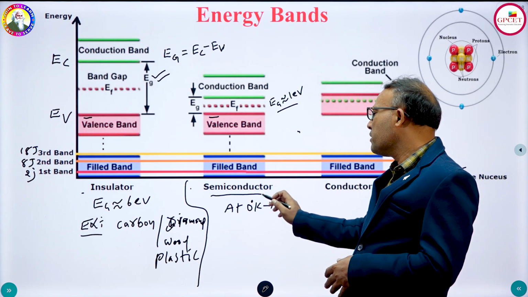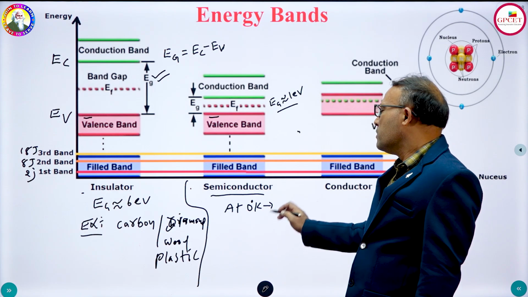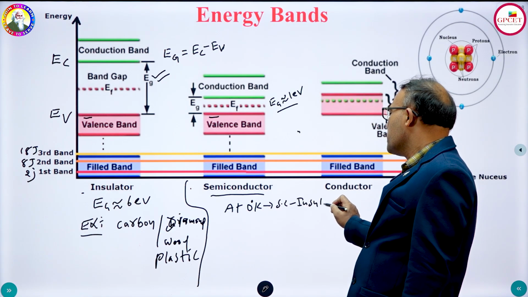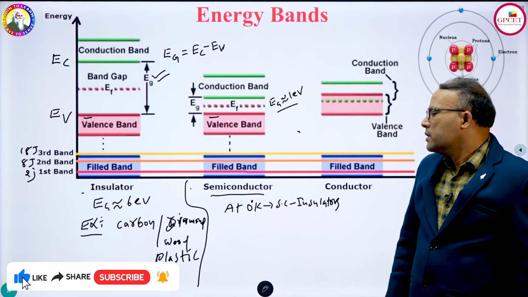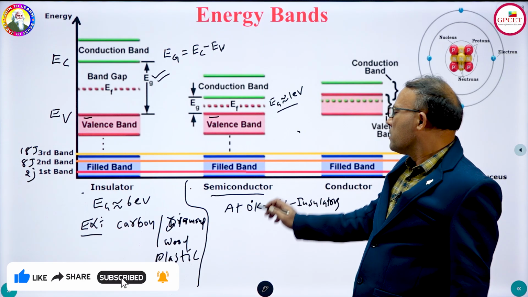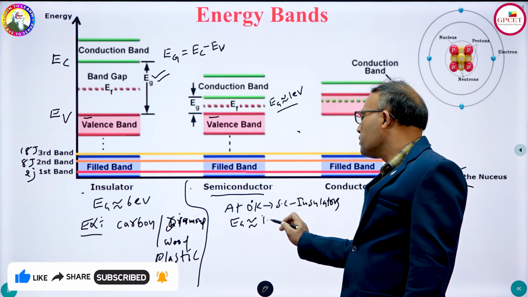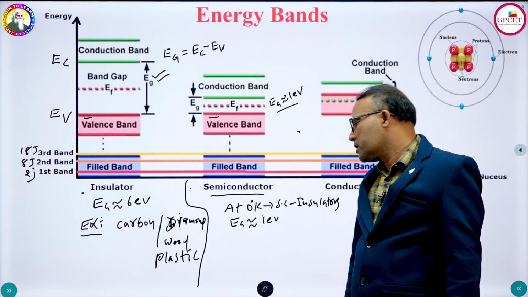So at 0 degrees Kelvin, all semiconductors act like insulators, because no energy is being given to them. So for all semiconductors, the energy gap is approximately equal to 1 electron volt, because we can acquire this energy gap in semiconductors.